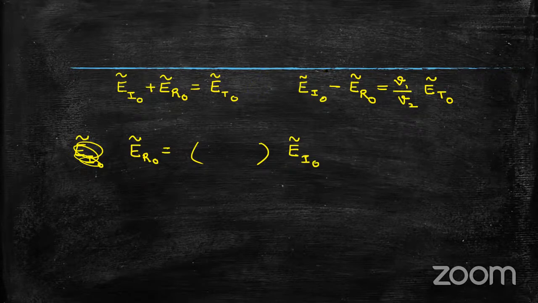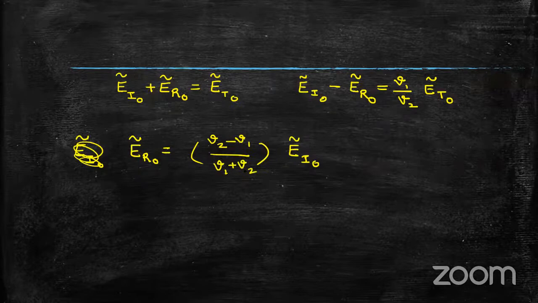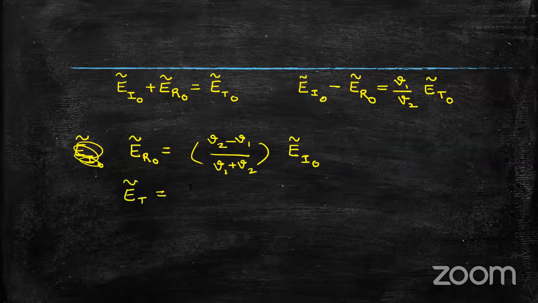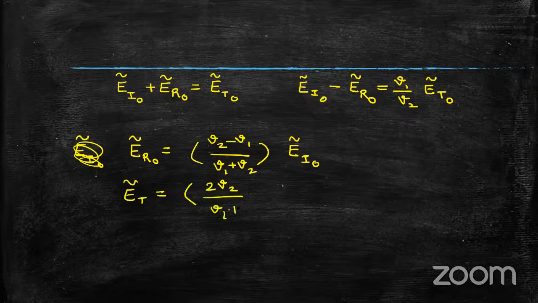E_R0 equals (V2 minus V1) over (V1 plus V2) times E_I0, right? And what about the second one? E_T0 equals 2V2 upon (V1 plus V2) times E_I0.